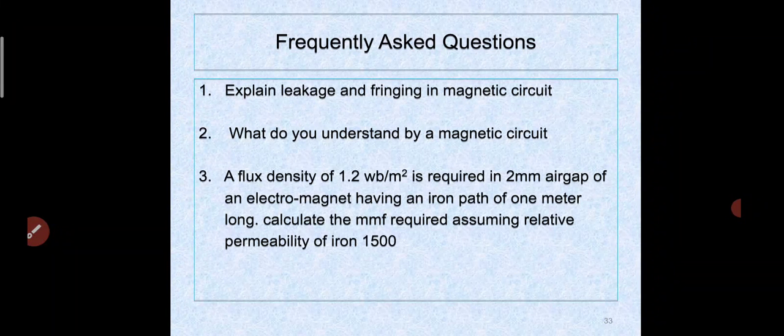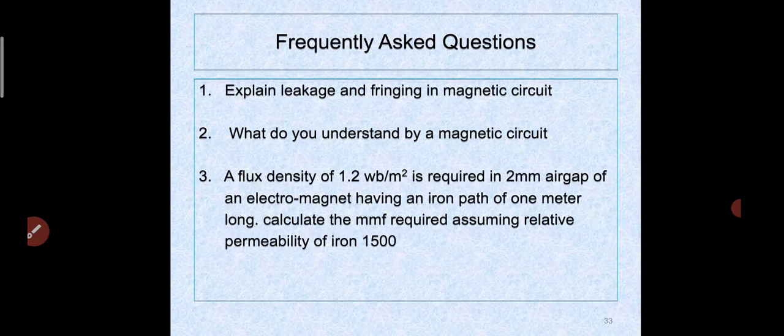Frequently asked questions in examination: Explain leakage and fringing in a magnetic circuit. What do you understand by a magnetic circuit? One problem: a flux density of 1.2 Weber per meter square is required in a 2 mm air gap of an electromagnet having an iron path of 1 meter long.